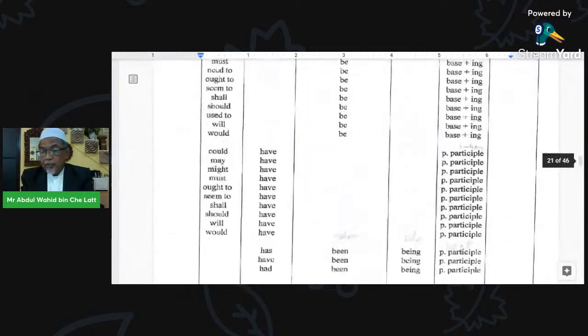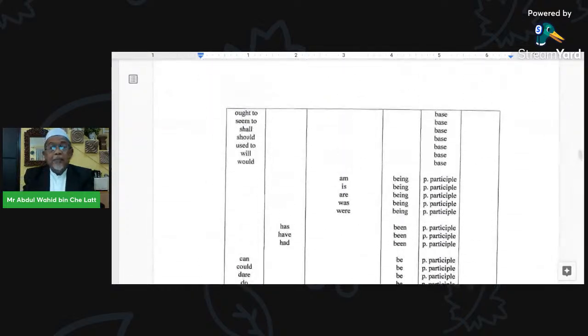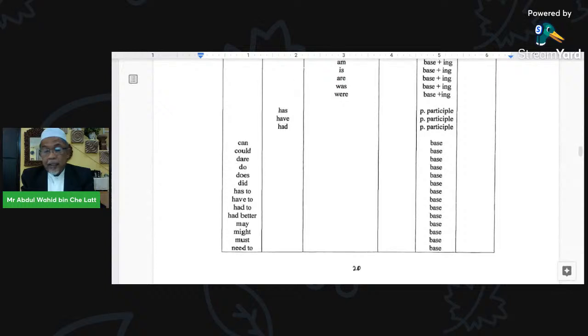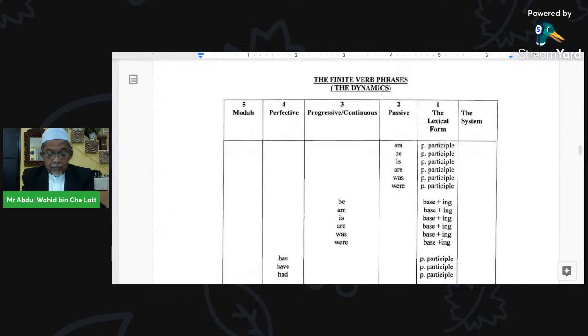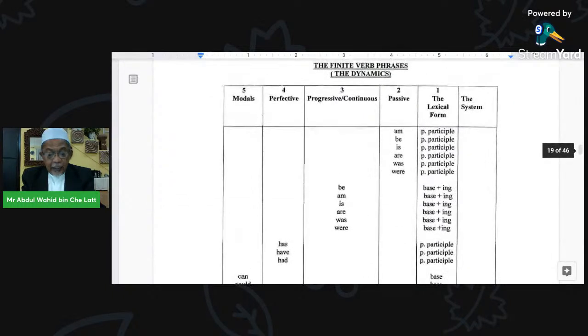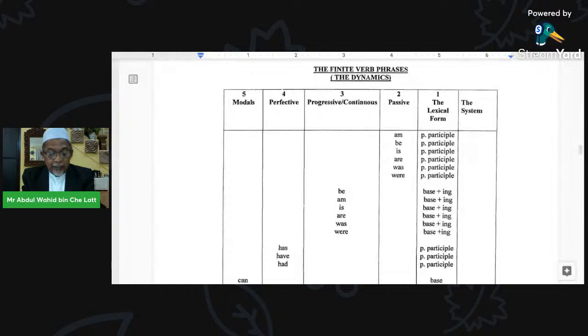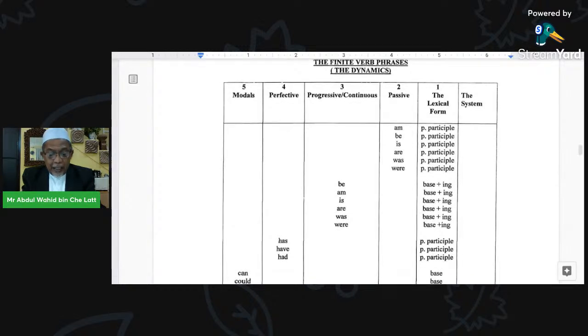We focus on the final verb phrase, boleh dimakan. Boleh is a modal and it is located in column 5. So can you please write the number 5 on top of the word boleh?